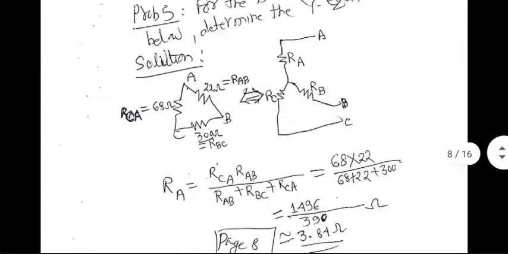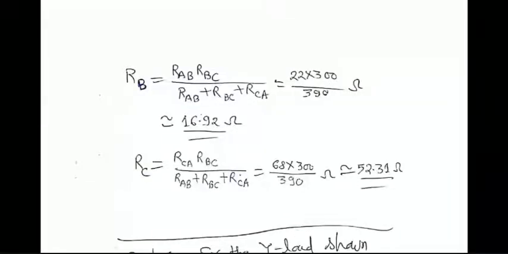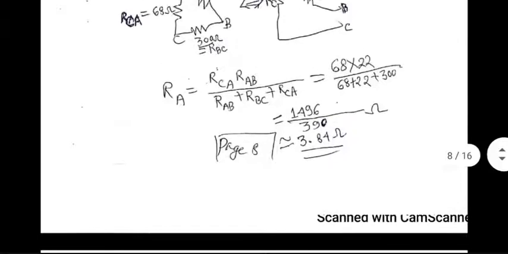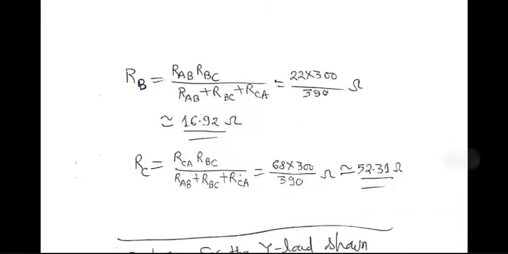But of course, in the exam, you will not have that luxury. RC is again straightforward calculation, so the answers are right here. RA is 3.84 ohm, RB is 16.92 ohm, and RC is 52.31 ohm.